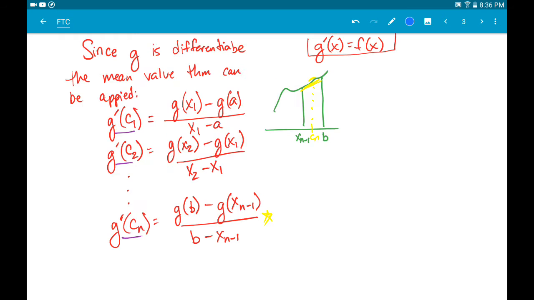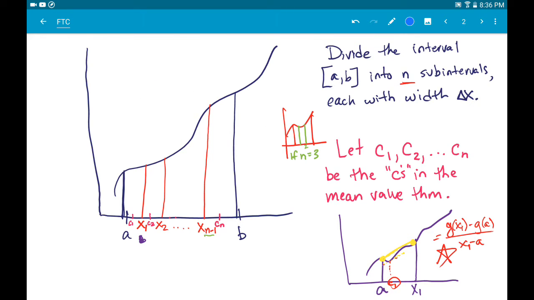If I go back to this picture, I believe, this page, can we find the mystery? I'll help you find it. When we initially divided this, we divided the interval into n subintervals, each with width delta x, which means all of these rectangles in here each have a width of delta x.